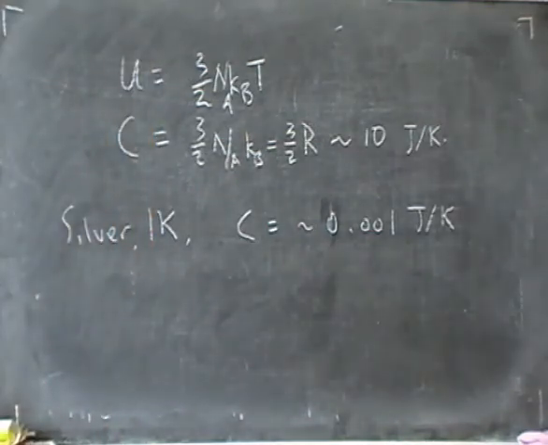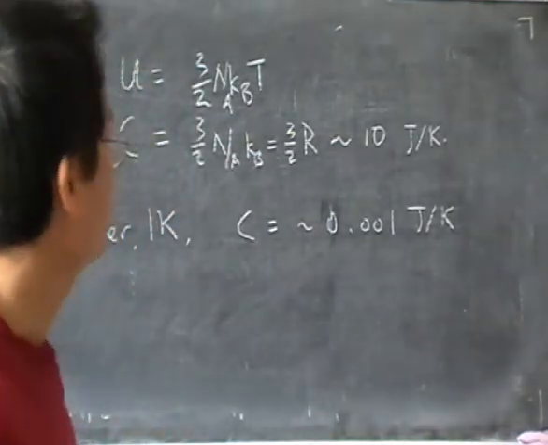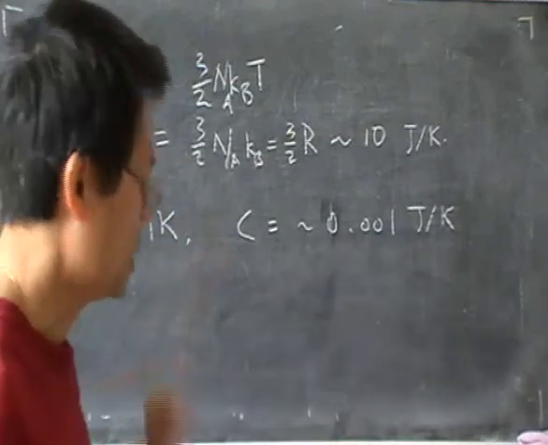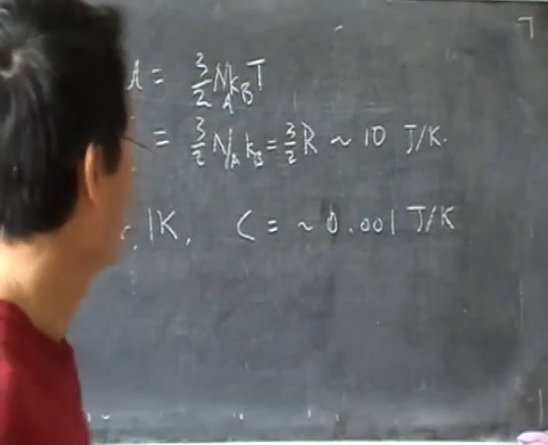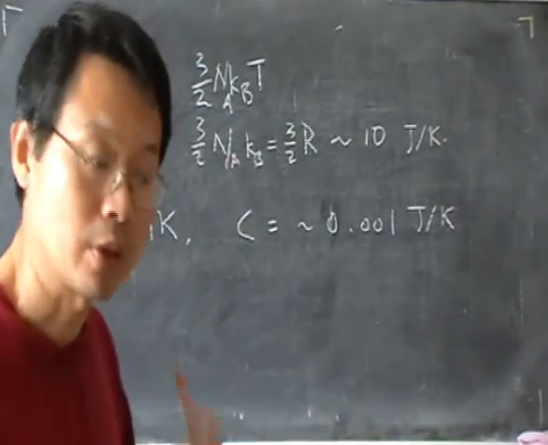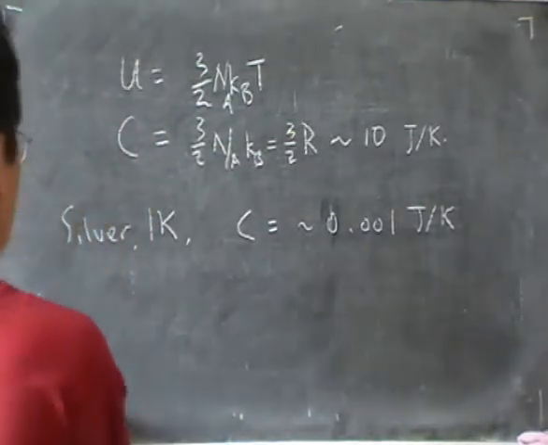Now we're going to use that distribution to understand why the heat capacity of electrons in a metal is so much smaller than what we would expect of an ideal gas, and to see what is the difference between the two systems.